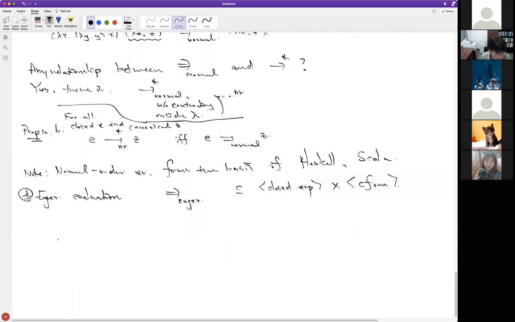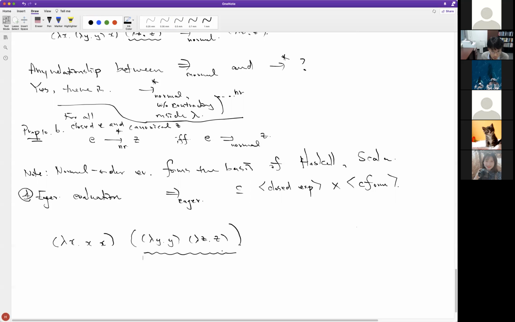If you look at an expression of this form, there is a redex, which is applying lambda y dot y to lambda z dot z.